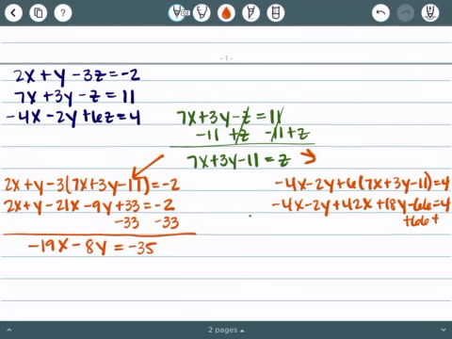So I'm going to add 66, and I'm going to combine my x's. -4x plus 42x is 38x. 18y minus 2y is 16y equals 70. Oh man, so definitely looks like we're going to have some fractions here.